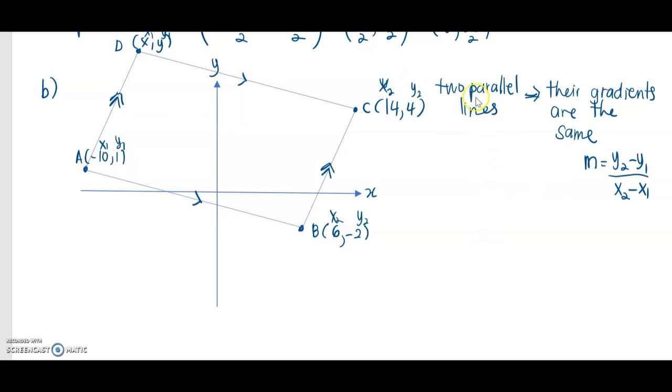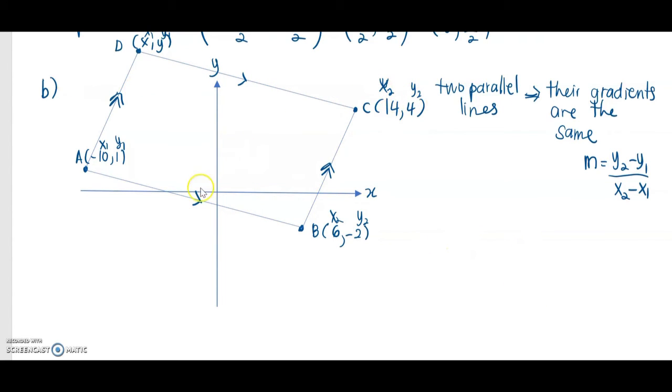If we have two parallel lines, their gradients are the same. And remember, we find gradient using this formula, where M represents the gradient, equal to y2 minus y1 over x2 minus x1. Here I've labeled x1, y1, x2, y2 for AB, and also for DC.